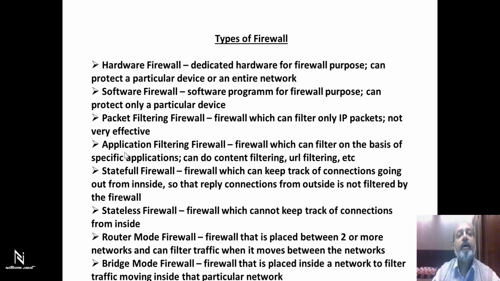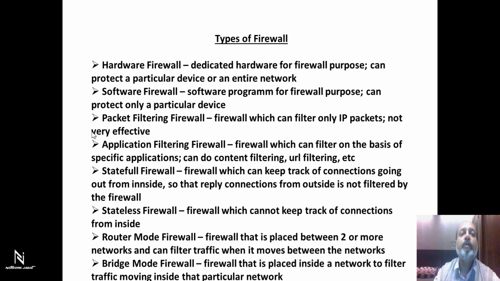Packet filtering firewall and application filtering firewall. So packet filtering firewall is which can filter only IP packets and is not definitely very effective. An application filtering firewall is which can filter on the basis of specific applications, can do content filtering, URL filtering, etc. So obviously by using your common sense you can understand that this is a much more sophisticated firewall, and nowadays all sophisticated firewalls are application filtering firewalls.